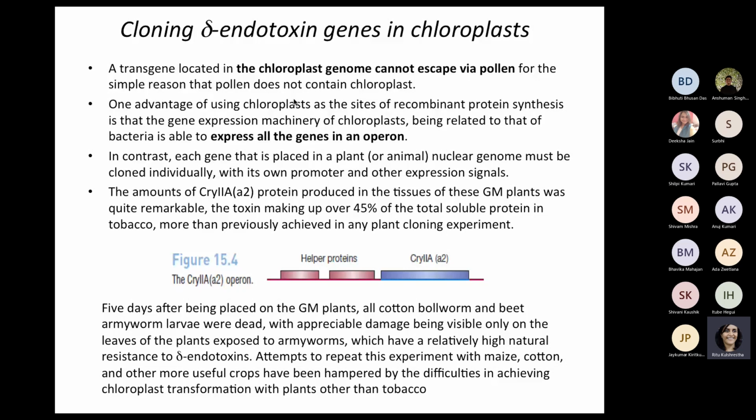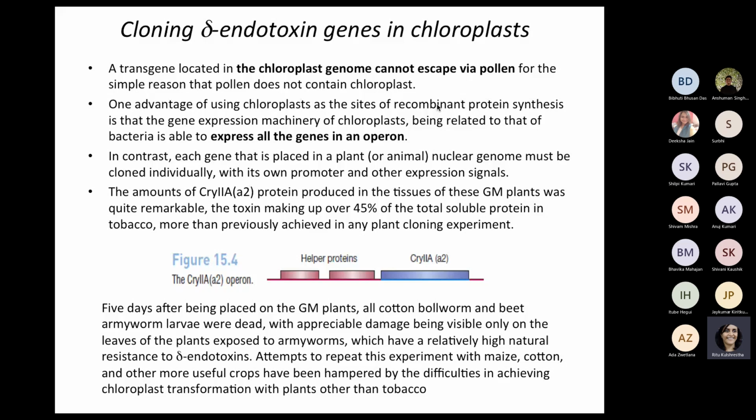But if I clone my gene in the chloroplast, then because the pollens do not have the chloroplast, that option is completely gone. So that way I can ensure that my gene will not spread to other plants in the environment because the pollen does not have the foreign gene.